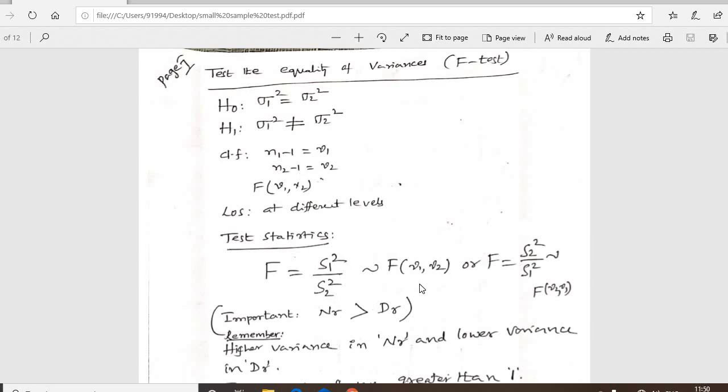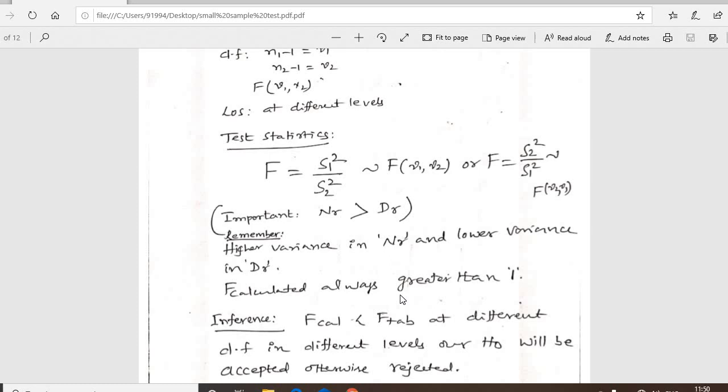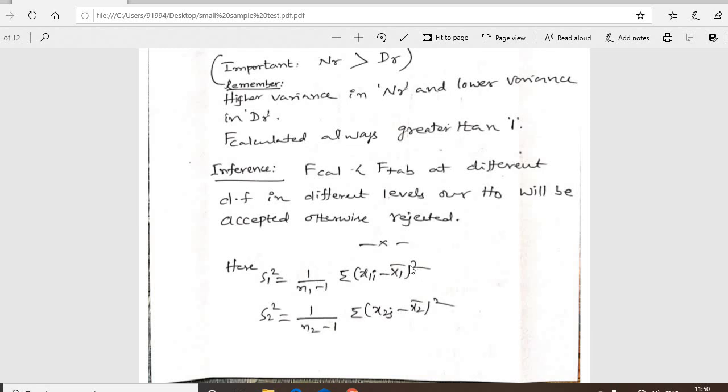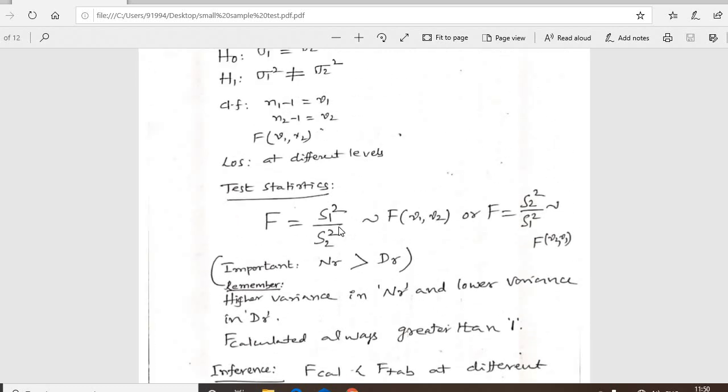This is called the F test. The inference is the same: if the F calculated value is less than the table value at the corresponding degrees of freedom and level of significance, we accept our null hypothesis, otherwise reject it. Here are the s1 square and s2 square formulas. Just calculate s1 and s2, substitute here, and we get the F value.